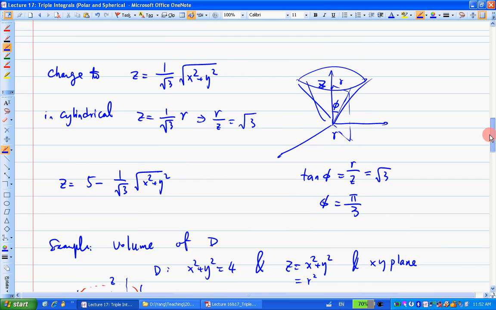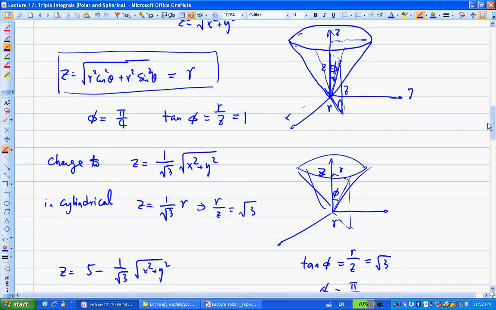Go back to this cone right here. Wherever you draw this line, there is an angle associated with it. But because it's a cone, the phi angle doesn't matter where you draw, it is always a constant. The cone is generated by sweeping a right triangle, so the angle between this line and the vertical axis is always a constant. What angle value that is depends on the coefficients.